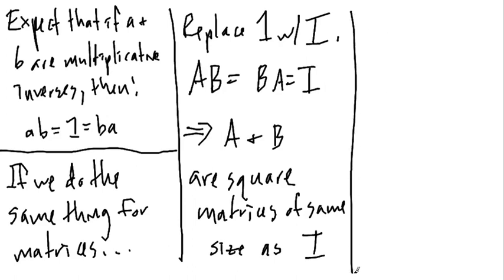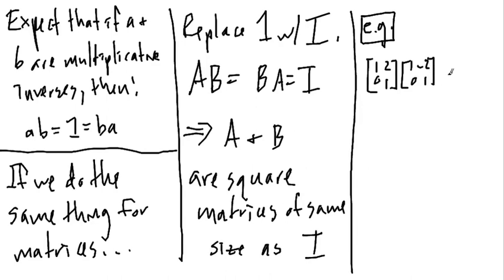So let me just show a couple of examples of inverse matrices. Here's a simple one: 1, 2, 0, 1 times 1, -2, 0, 1. Let's see what they multiply out to be.